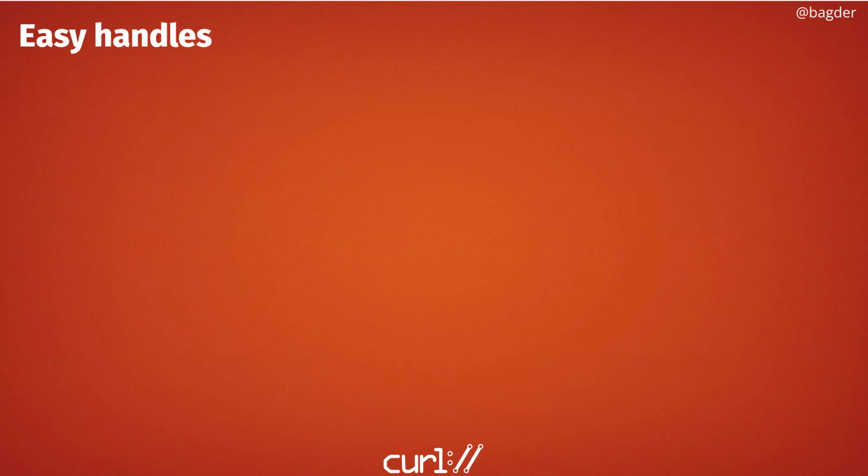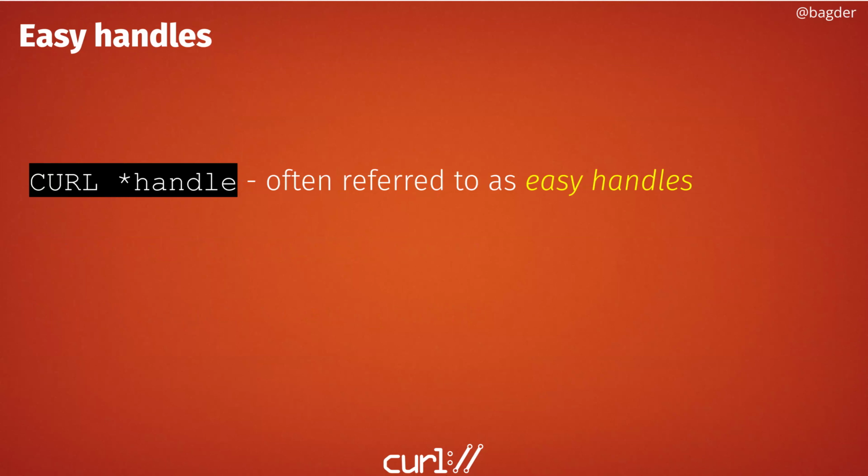The easy interface, or transfers in general in libcurl, works with easy handles. It's this CURL uppercase pointer. That's just an opaque handle. It's just a pointer to something, compared to the file handle, file pointer when you want to open files, for example, in a C program.